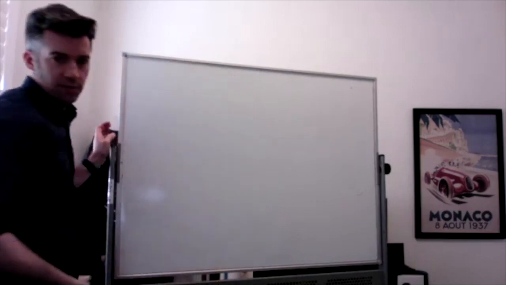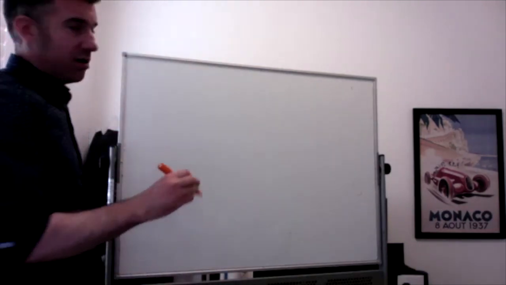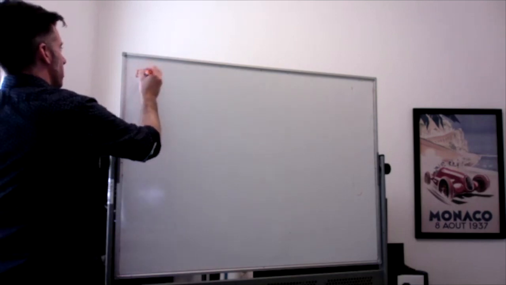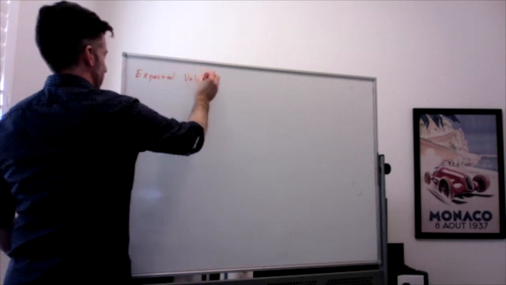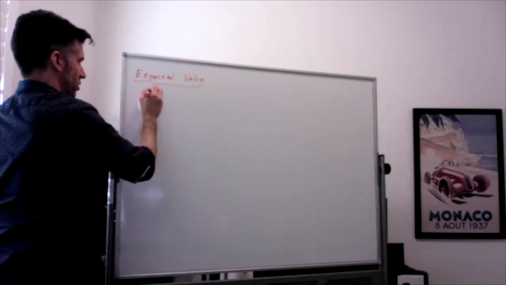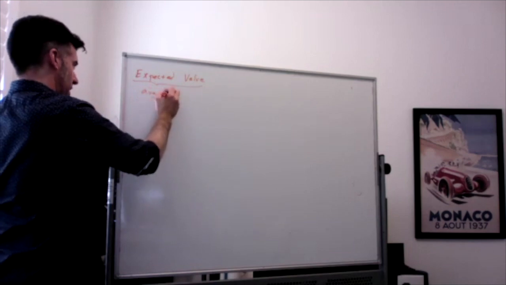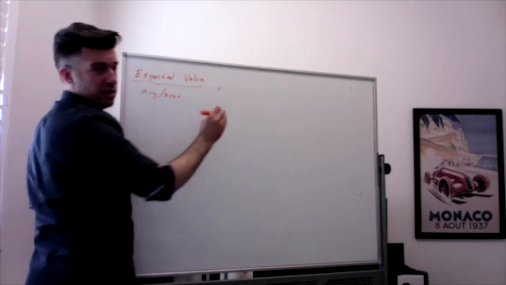Okay. So let's go ahead and take a look at expected value. By the way, expected value is just another word for average or mean, and then we'll look at standard deviation and variance.